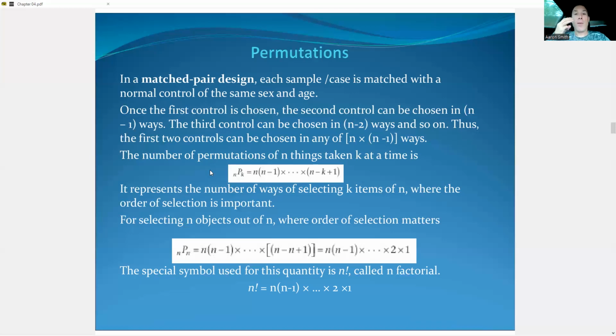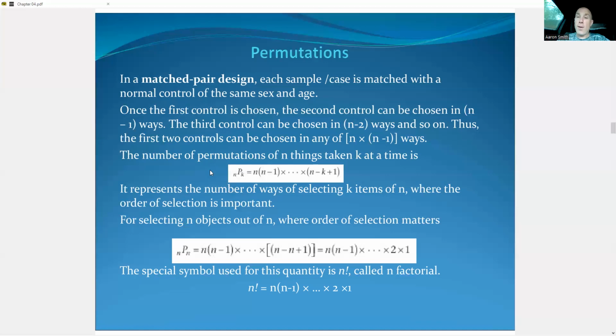As they're drawing names, nobody wins more than once, by the way. In this situation, order matters. It's much better to be the first person to win than it is to be the third person to win. The gift certificate versus a new car, I would definitely want to be the first person to win.